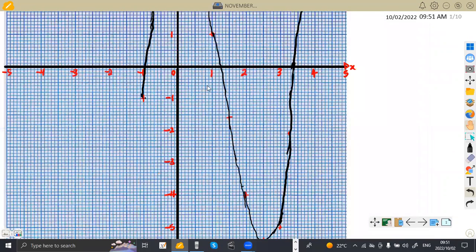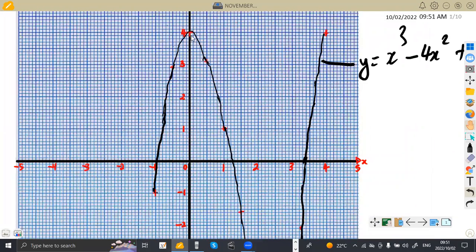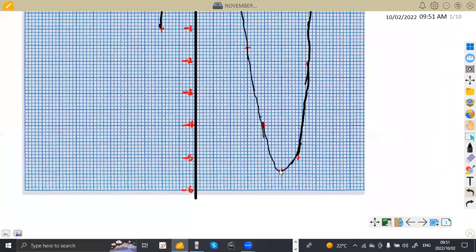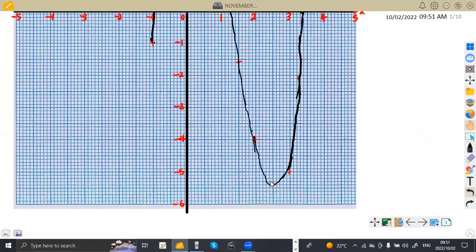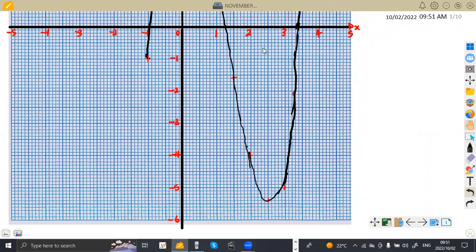The minimum turning point is where our graph is minimum here. Remember, this is your maximum on top there. That's your maximum turning point. This is your minimum turning point at this point, where x was 2,5. So you take this point: it's 2,5 versus minus 5,4. So that is the minimum turning point.